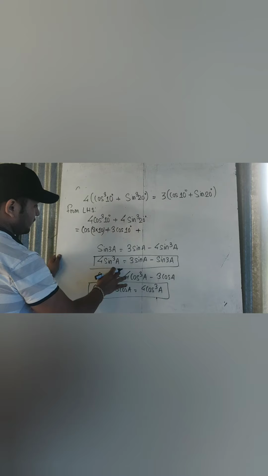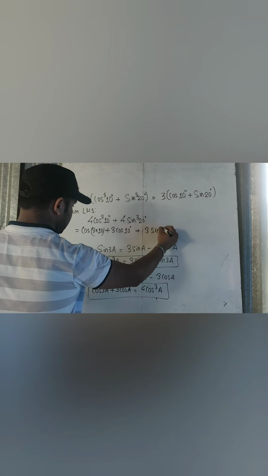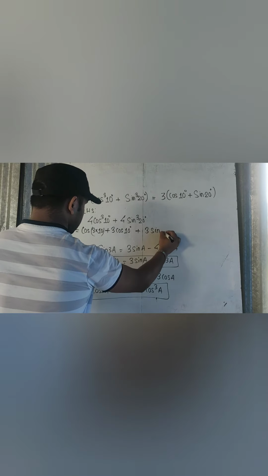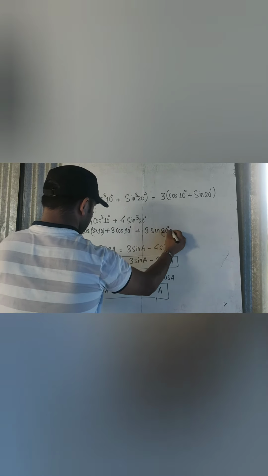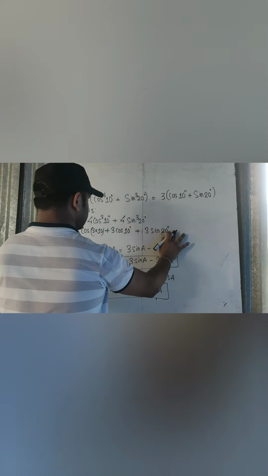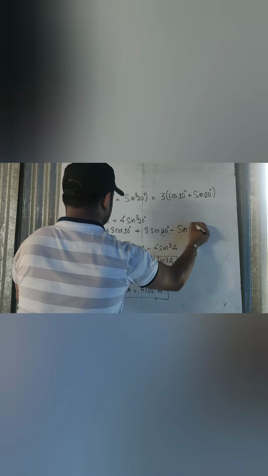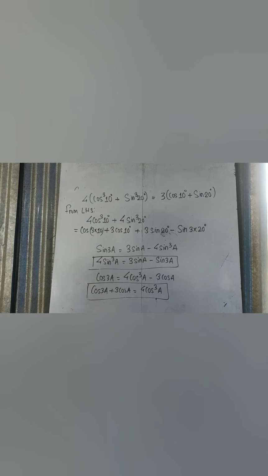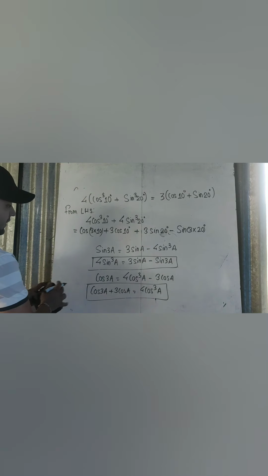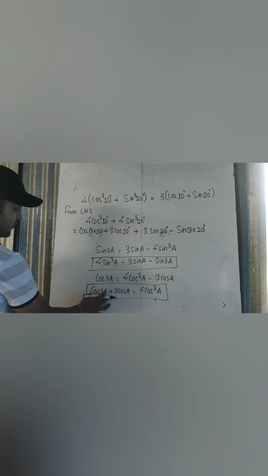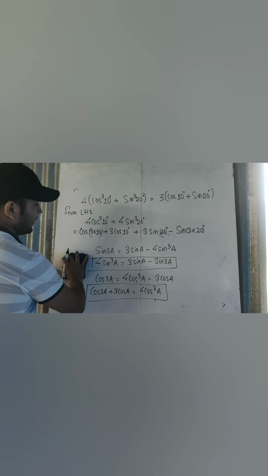Now 4 sin cube a is 3 sin a minus sin 3a. Now we got this formula here. Now on the basis of same, we'll solve it similarly. Now 4 cos cube a, we use the formula of 4 cos cube a, and we also use the formula of 4 sin cube a. Now let us further solve it.